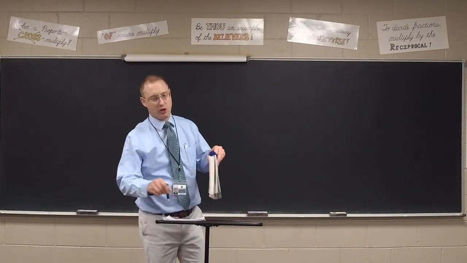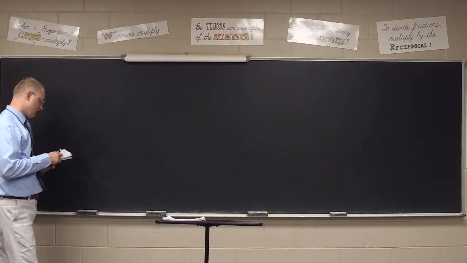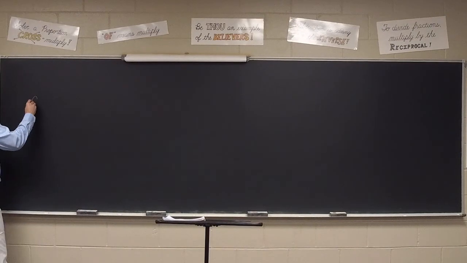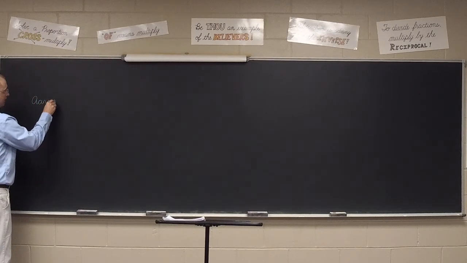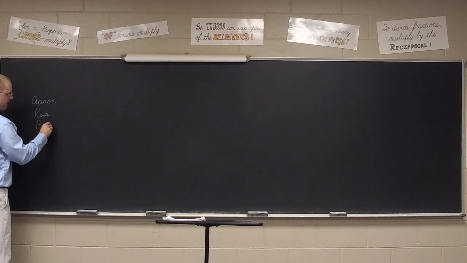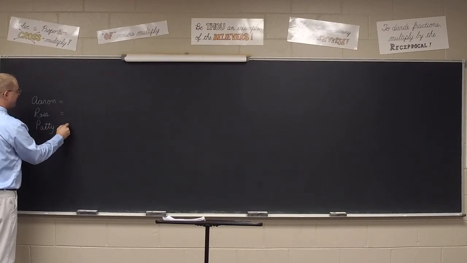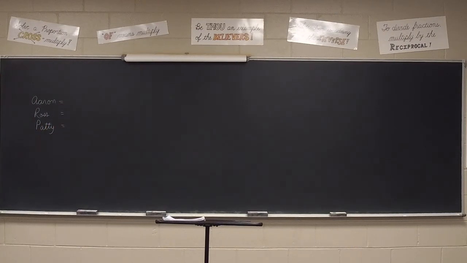All right. So, how many unknowns do we have in this problem here, Dylan? 3. And they are Aaron, Ross, and Patrick. I'll just say Patty. All right. So, which of these gets to be X? Adam? Patrick. Why?